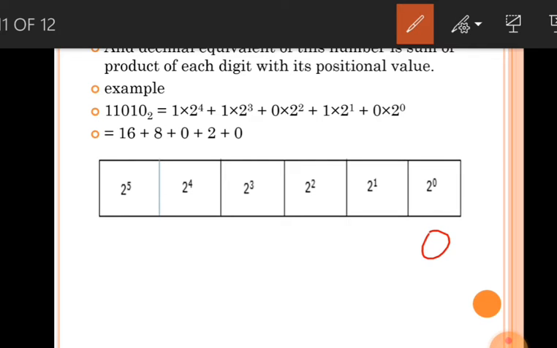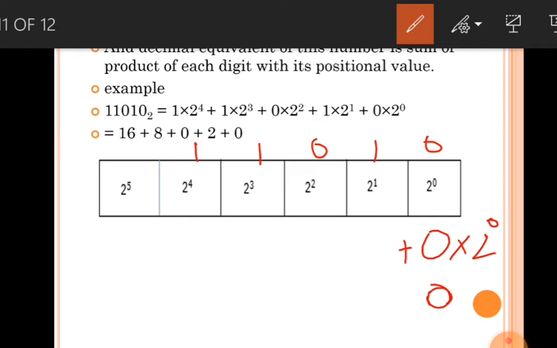It is 0, 0 because 0 into 2 की power 0, 2 की power 0, it's 0. And then here is plus 2 the power, because here I'm writing the number 1.